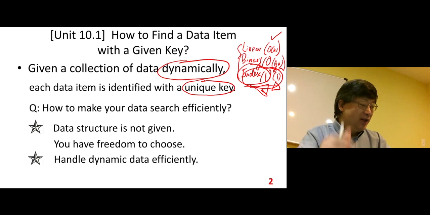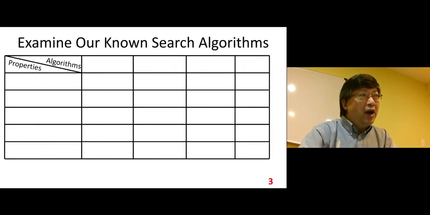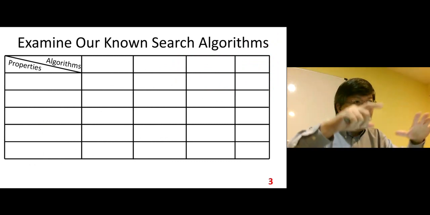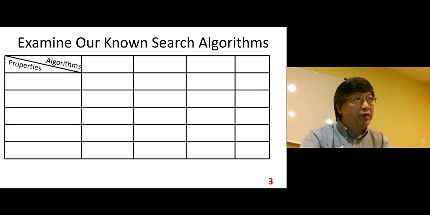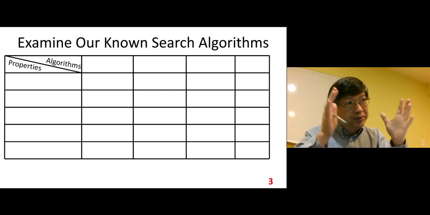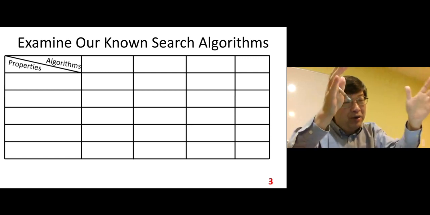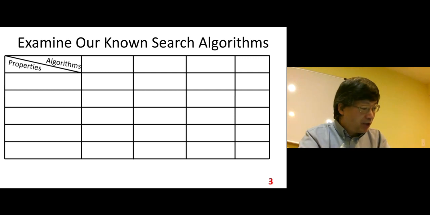Now, to get a better idea, I want to make a table to summarize and compare our current searching algorithms and try to narrow our design in a certain direction. That's the goal.